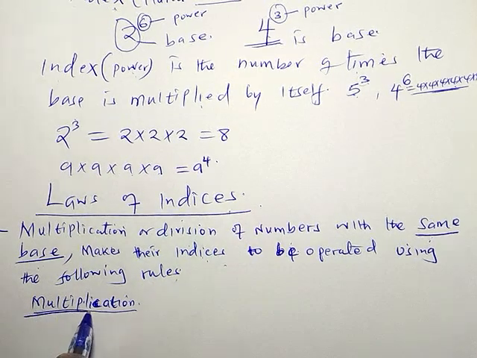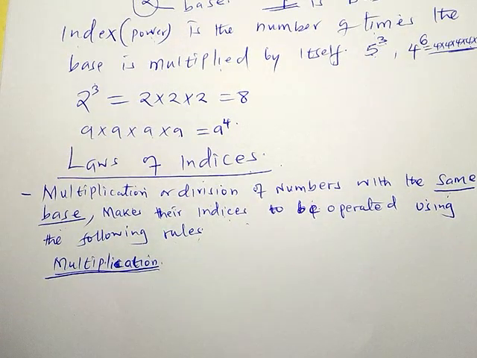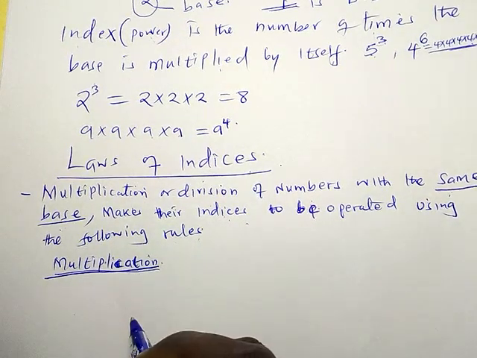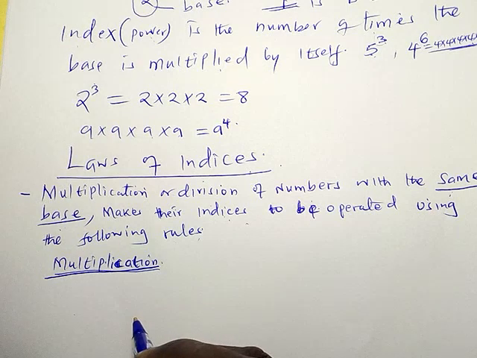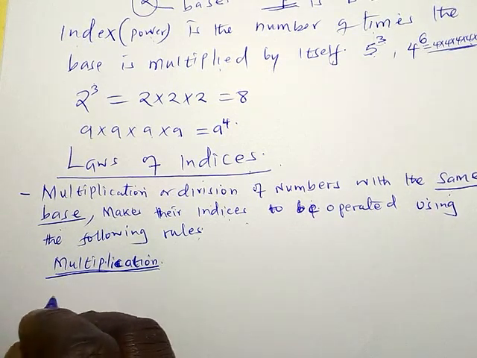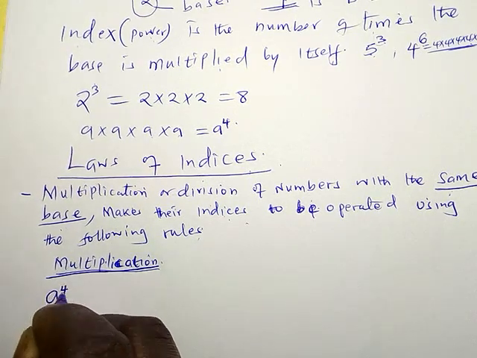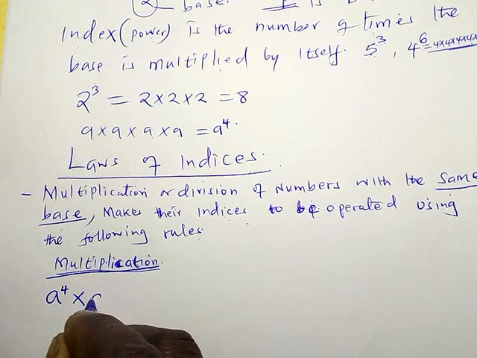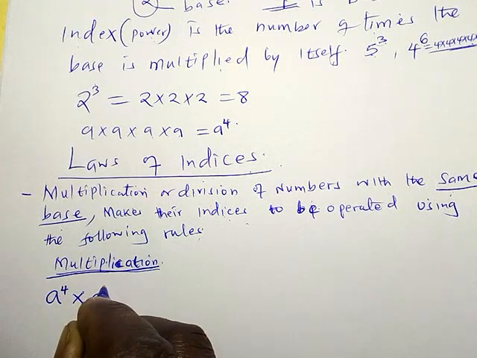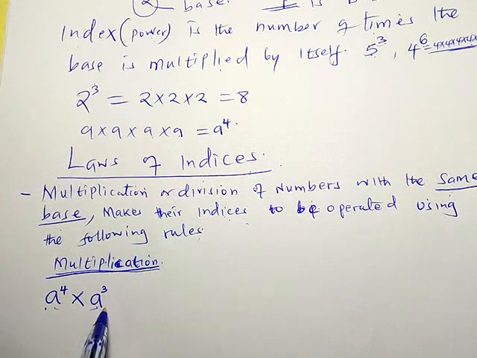So we start with multiplication. When we multiply numbers which have the same base, different index, what happens? So I will start with an example. For example, if I have a raised to power 4 times a raised to power 3, the major thing is that the base is the same.